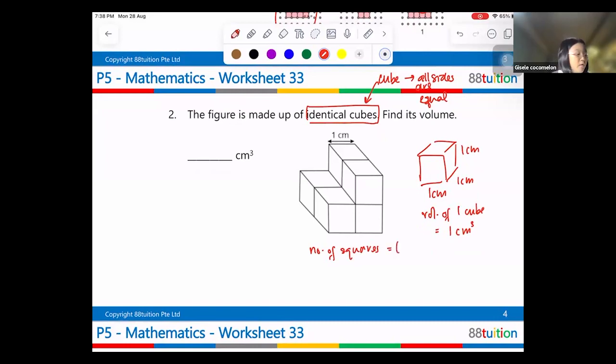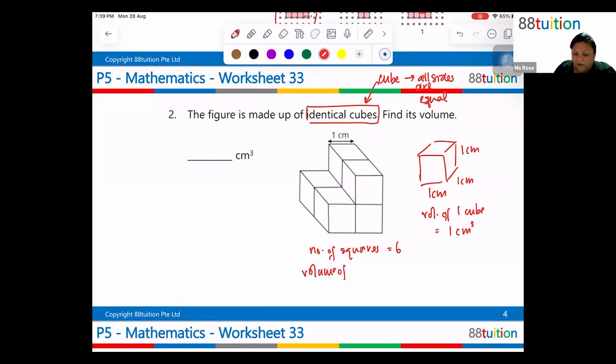Okay, there are 6 squares. So if there are 6 squares, that means the volume of the solid will be 6 times 1 cm cube to give me 6 cm cube. Okay, you must count the top and below the top too. Yes, you have to count them.